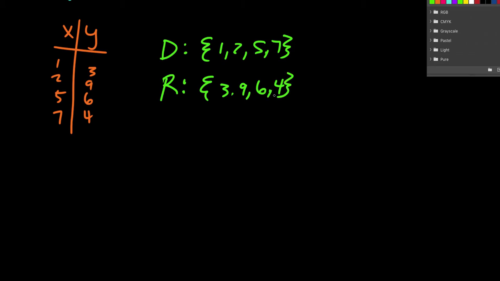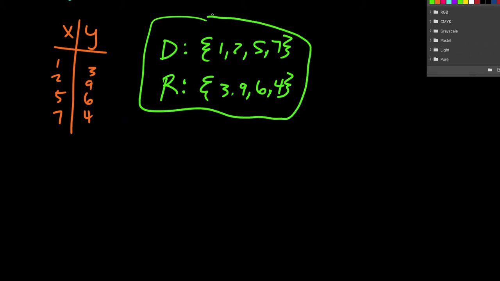And these are the only values that are defined for y, and these are the only values that are defined for x. And so that's why we have to write it as a set instead of something that represents continuous points.